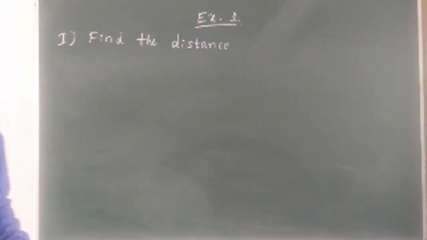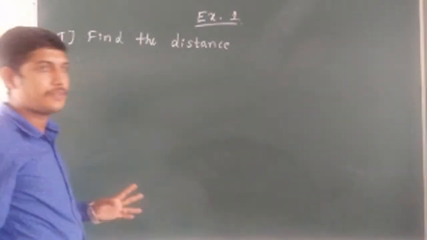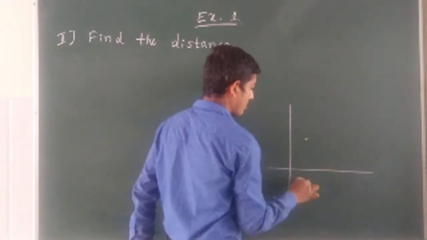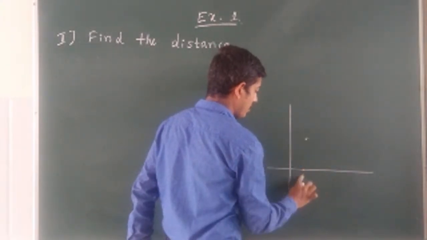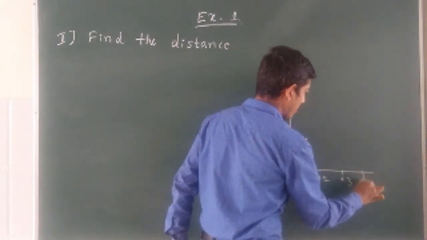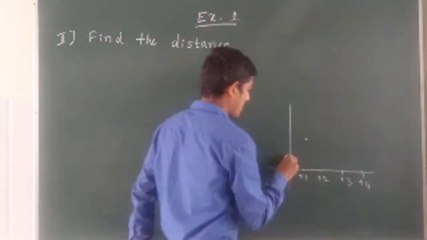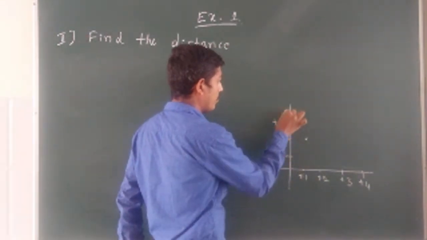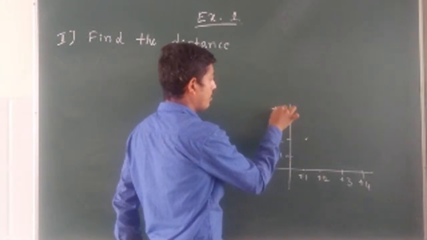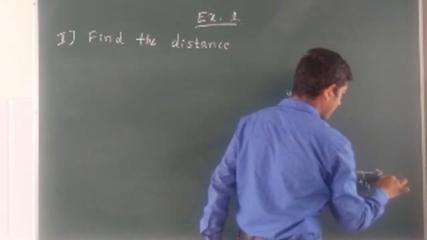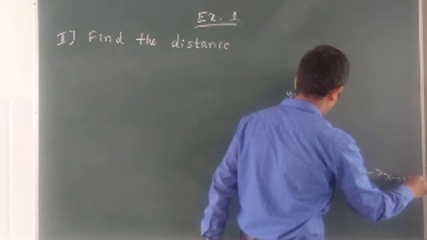And the points are, okay, one graph is given. For example, this is the y axis and this is the x axis.